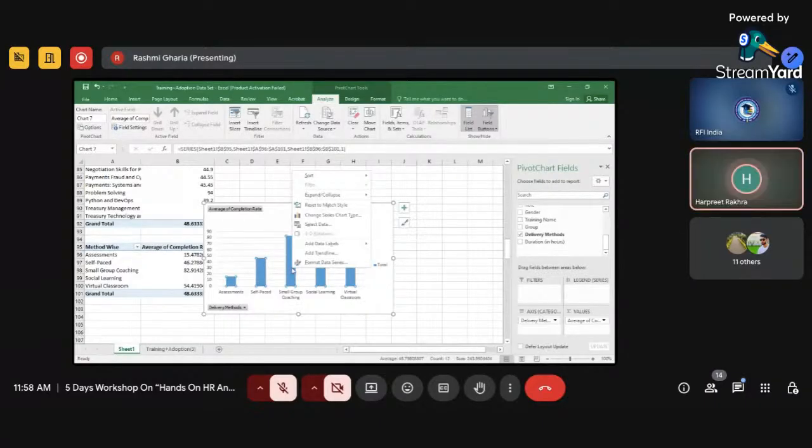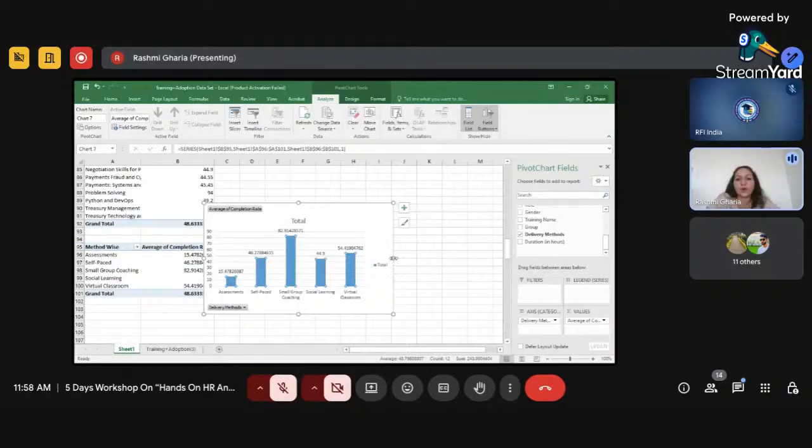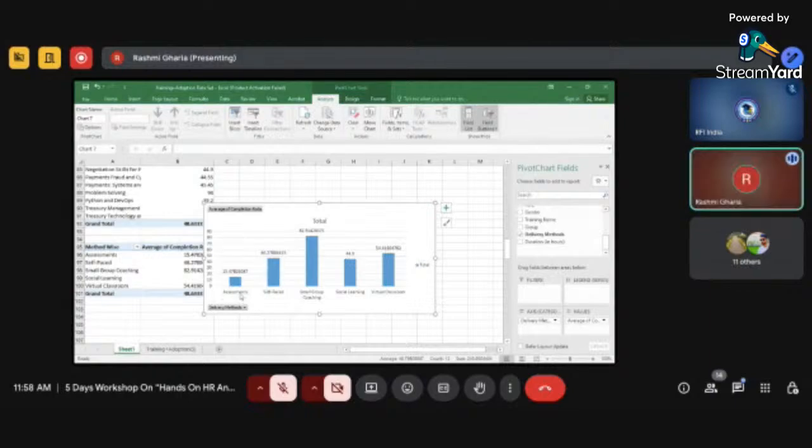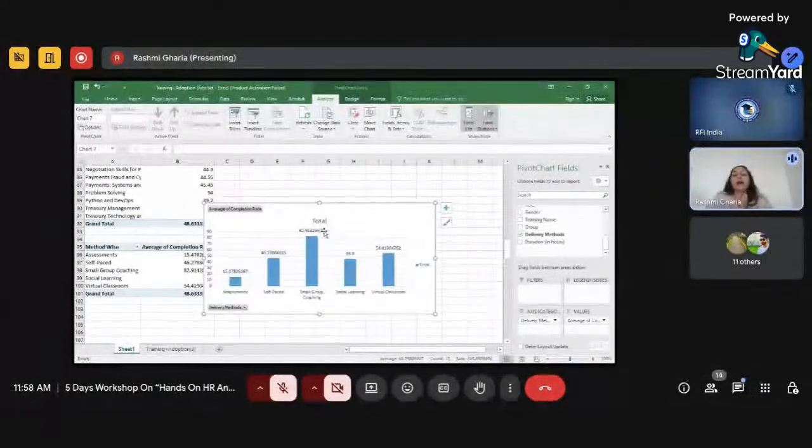Small group coaching works the best. Yes, small group coaching works the best. There is the least adoption for the assessment method, right? So now you need to understand why people are accepting this and why not that.